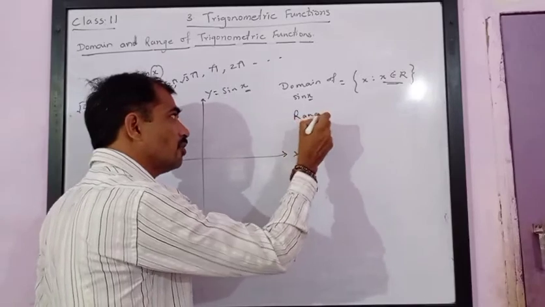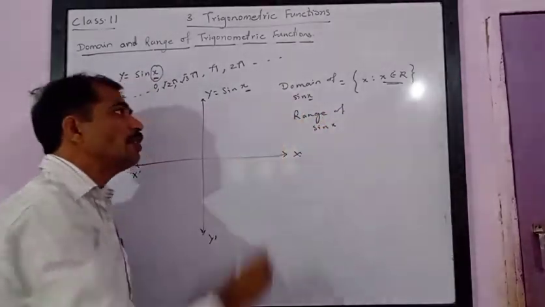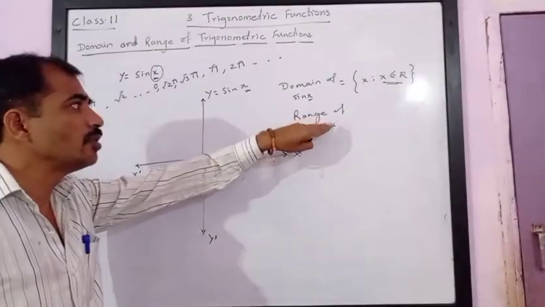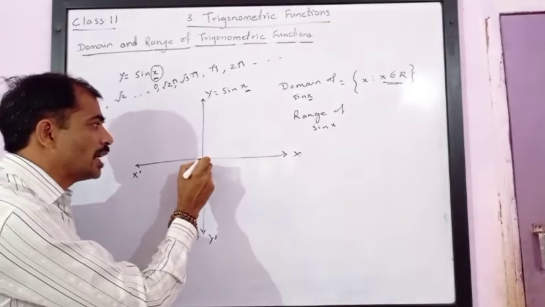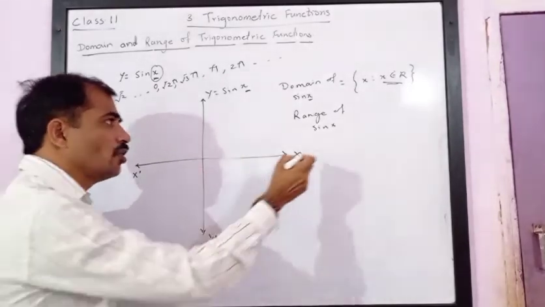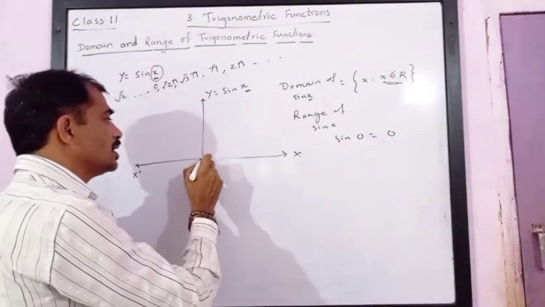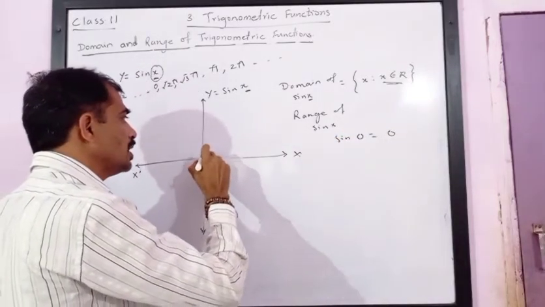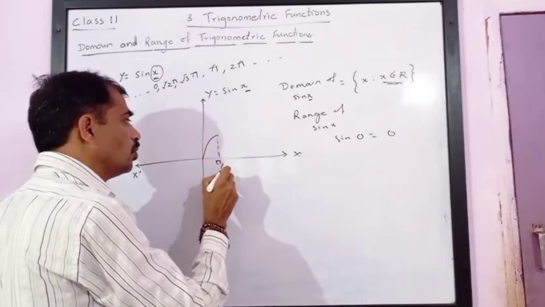Now let us see what will be the range of sin x. When we plot the graph of y equals sin x, for 0 angle the value of sin is 0. So sin 0 is equal to 0. Then sin pi by 2 is 1, so here we will get the value 1.